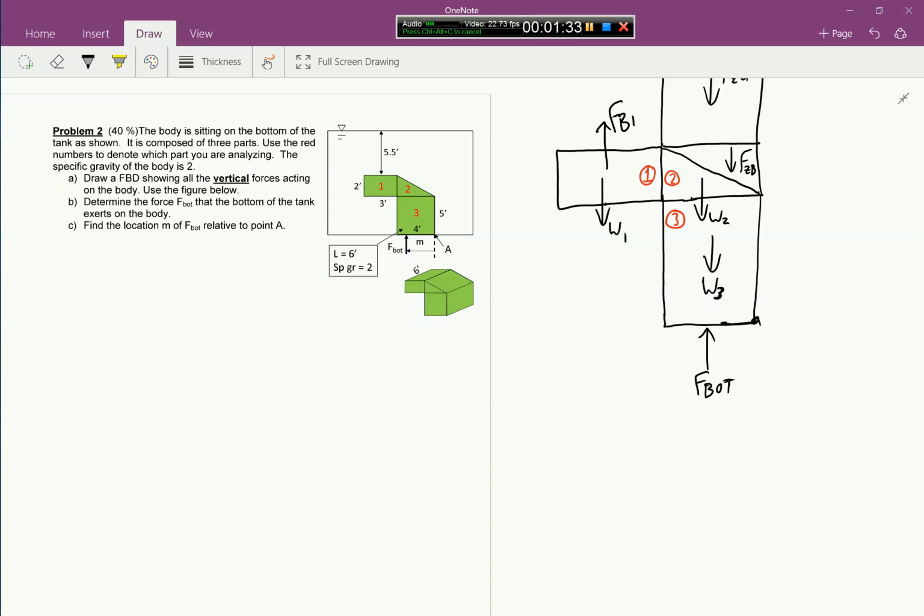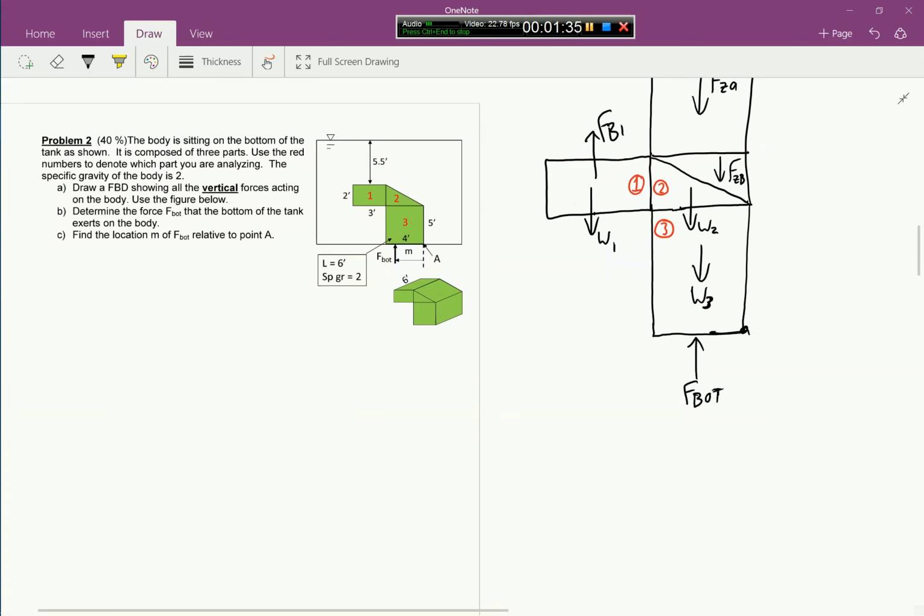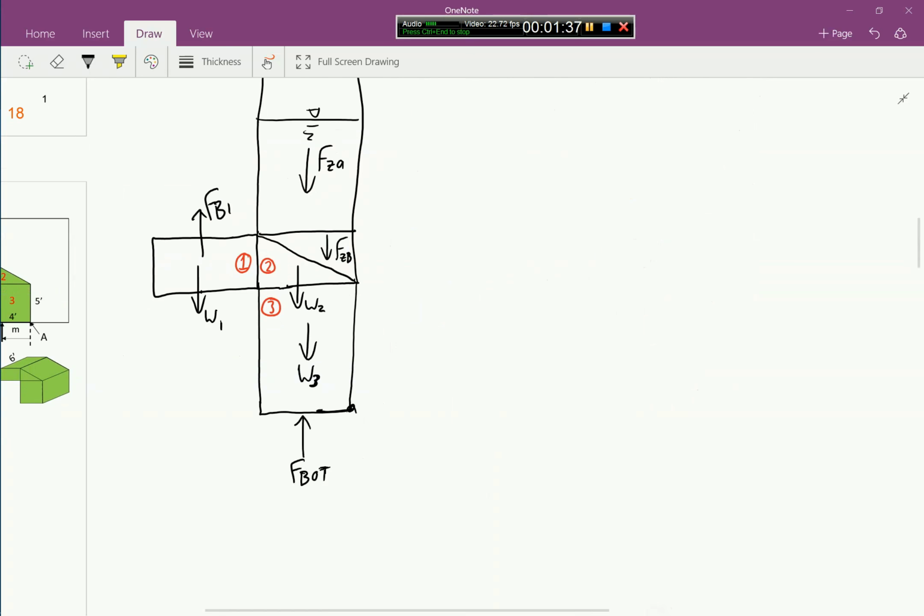Now we have to figure out the force that the bottom of the tank exerts on the body. In order to do that, we have to sum all the forces in the z direction to 0, with positive being upwards. It doesn't matter if upwards or downwards is positive, but all the signs in this next part will be flipped.